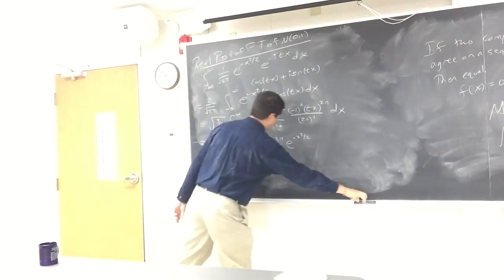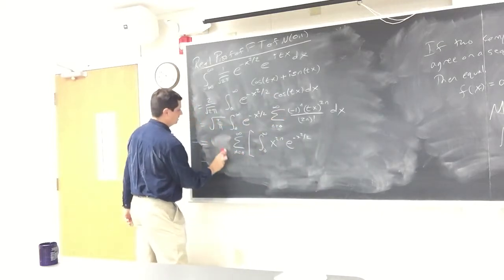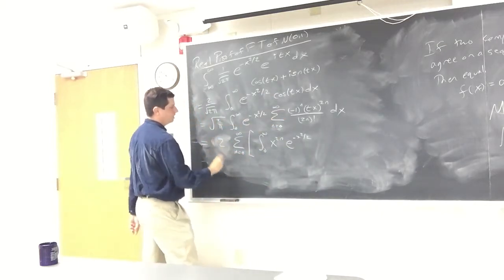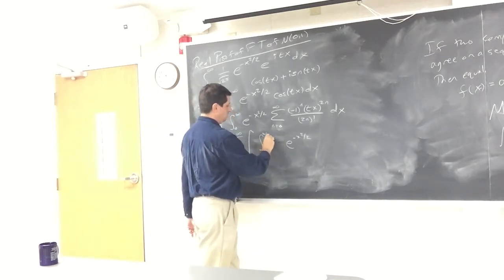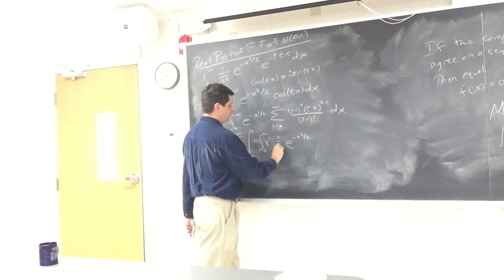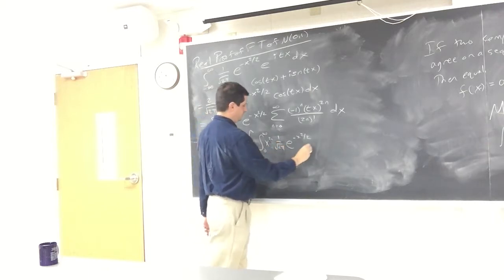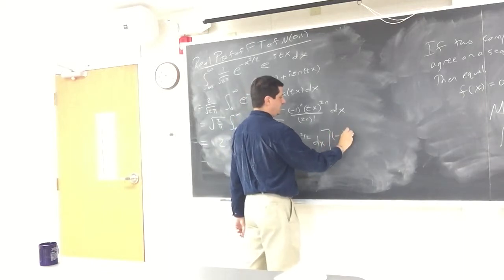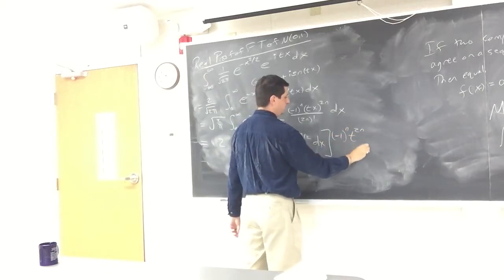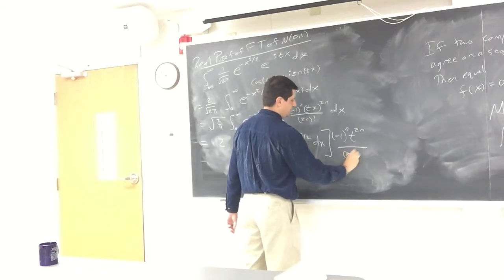Actually, I'm going to keep the 2 outside over here, and I'm going to bring back over here the 1 over square root of 2 pi dx. And then we'll have negative 1 to the n t to the 2n over 2n factorial.